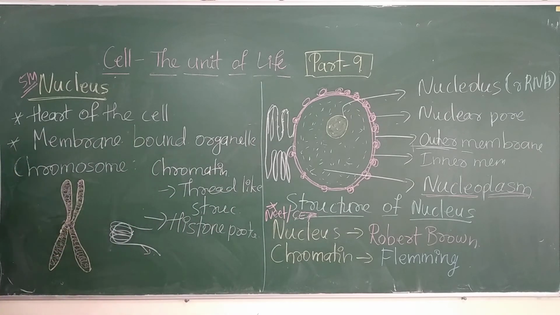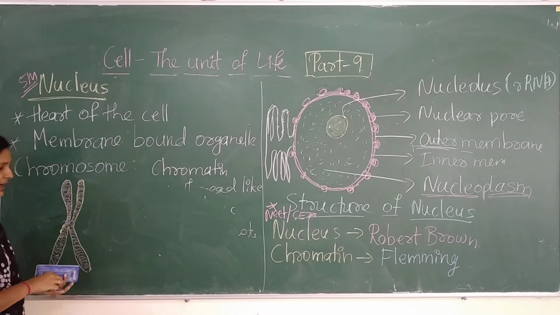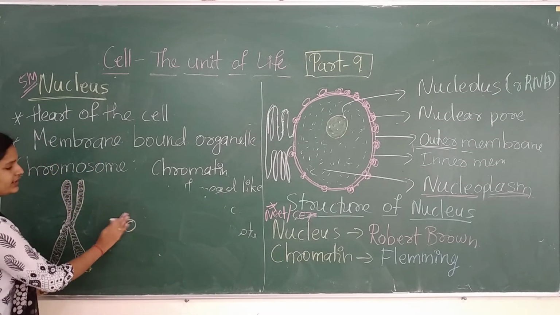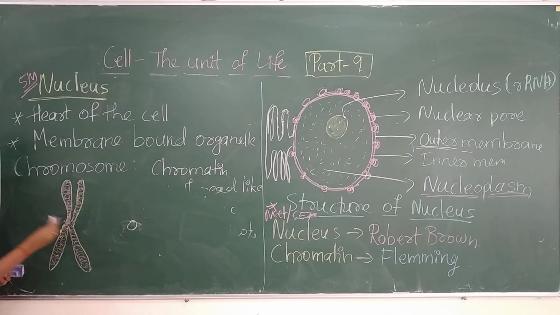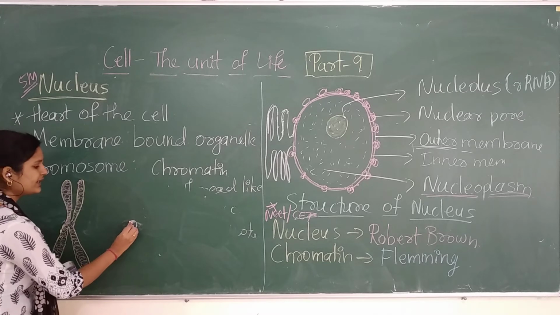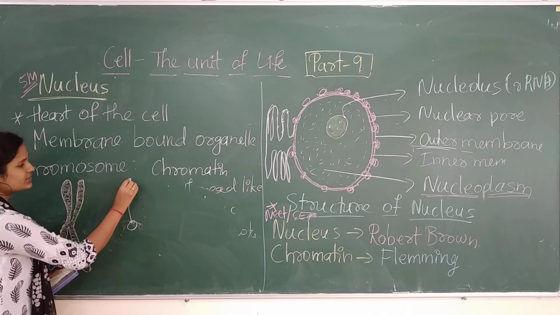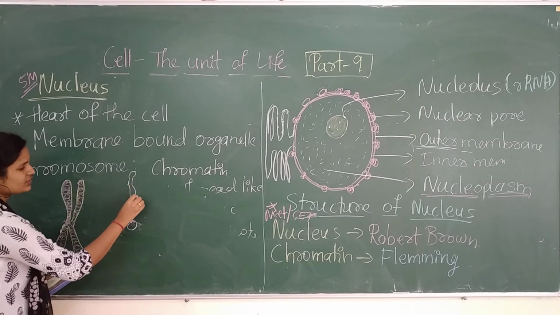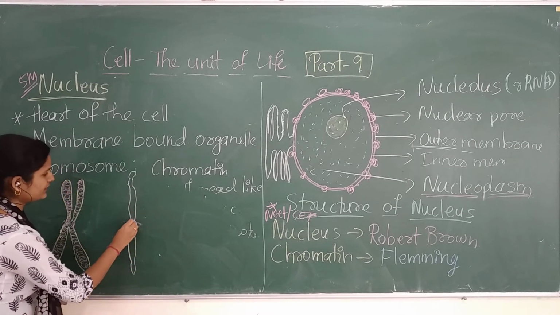Now when we study the chromosome, the middle part will be the centromere, which is holding two chromatids at the center. So this will be the centromere, and here is the presence of the arm. This will be the constriction, and there will be the presence of a satellite.